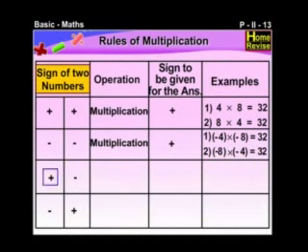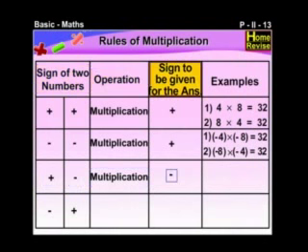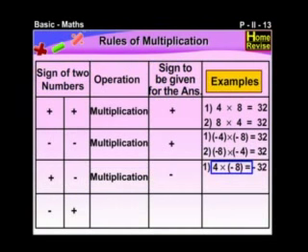Third rule, if the first number is positive and the second number is negative, then after the multiplication, give the negative sign to the answer. For example, 4 into minus 8 is equal to minus 32. Second example, 8 into minus 4 is equal to minus 32. Minus sign is there.